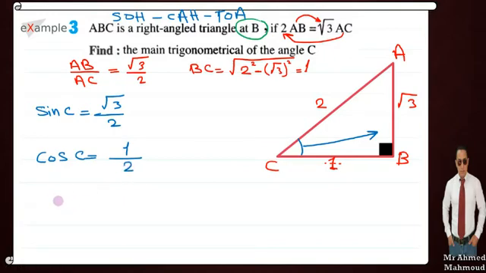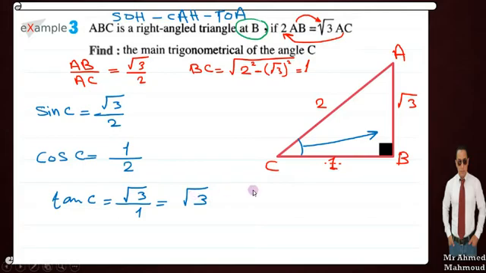Tan C equals opposite over adjacent, which is root 3 over 1. In the simplest form, it will be root 3.